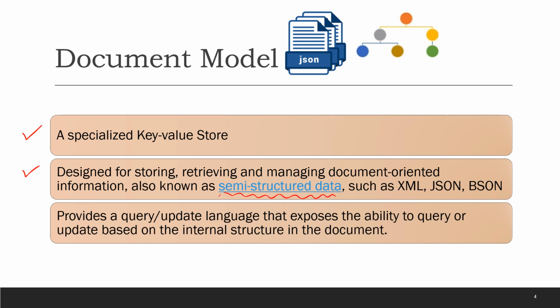An example could be an XML or HTML document, JSON, or BSON. And the last important characteristic is that it provides a query and update mechanism through a query language that allows us to retrieve data based on the internal structure within the document.